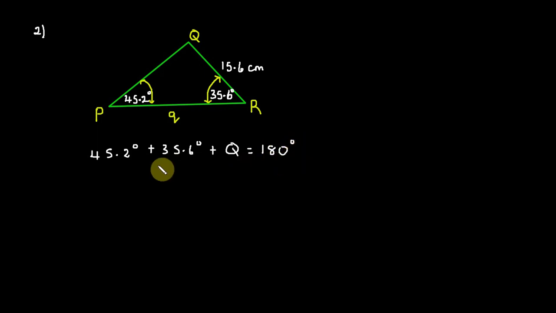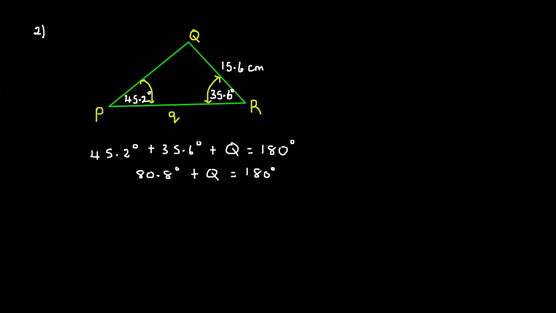Why? Because the sum of the angles in a triangle is equal to 180 degrees. So let us simplify this. 45.2 plus 35.6 will result in 80.8 degrees plus angle Q. Note capital Q represents angle while common Q represents side, is equal to 180 degrees.